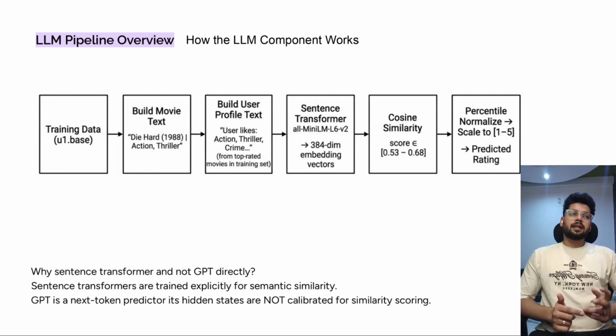That similarity score is then percentile normalized and scaled to 1 to 5 ratings. That is the full LLM pipeline. No API calls, no GPT tokens. The LLM here is the embedding layer of the language model, which is what it is actually designed for.